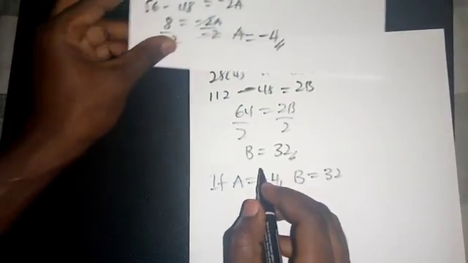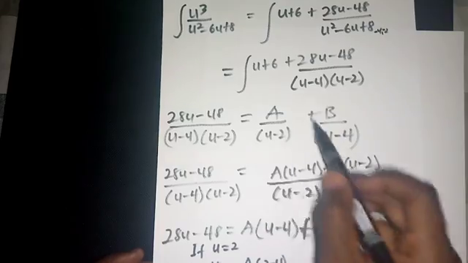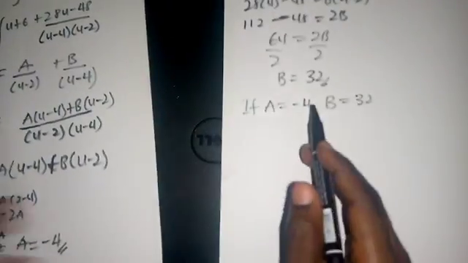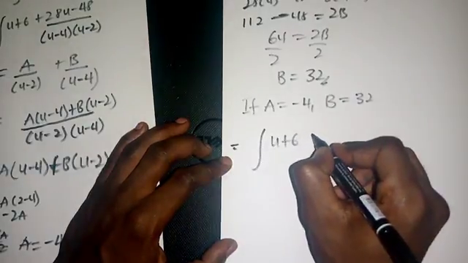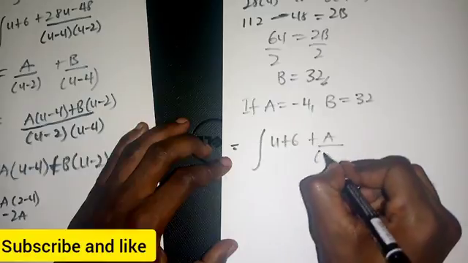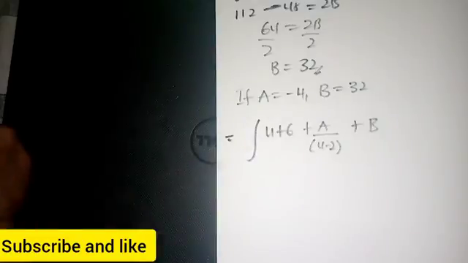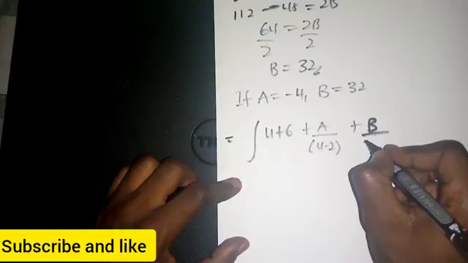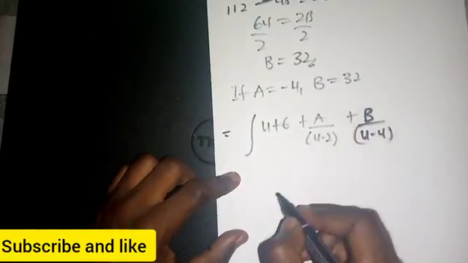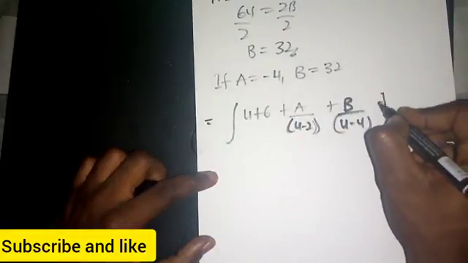So if a is just negative 4 and b is 32, then we are going to substitute these values into this general one here. Remember this whole thing over here is just that. So writing that, we have the square root of u plus 6, then plus a divided by u minus 2 here, then b over u minus 4, du.